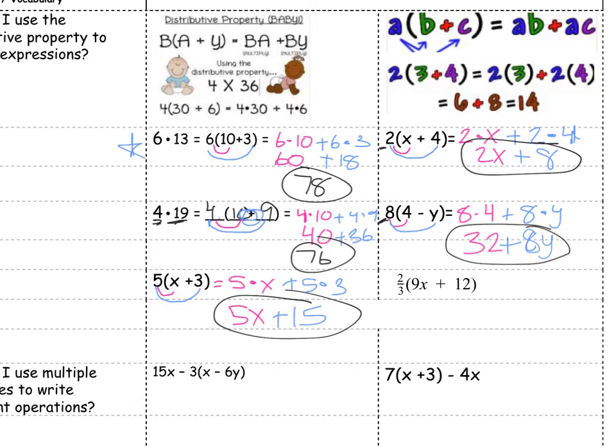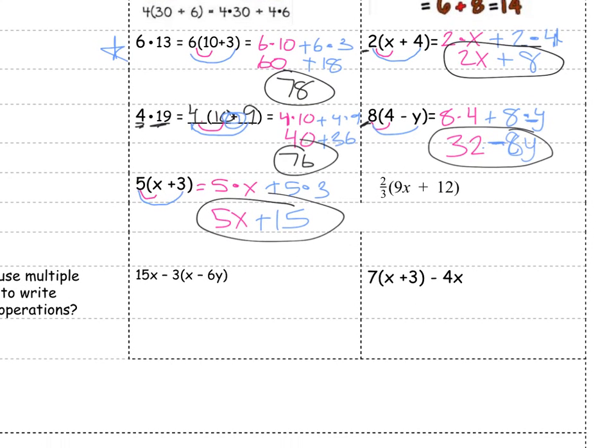This should be minus, not adding. So remember when we have those signs, we can't forget about them. So 8 times negative y gets us to negative 8y. Okay, because that negative distributes through.